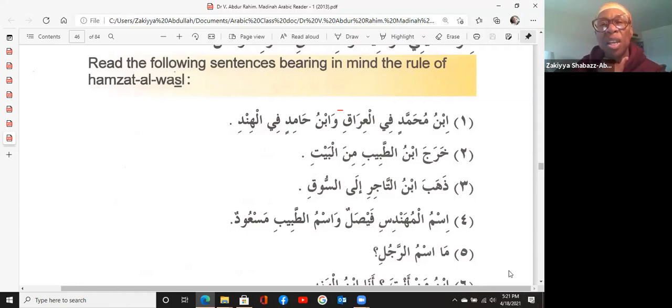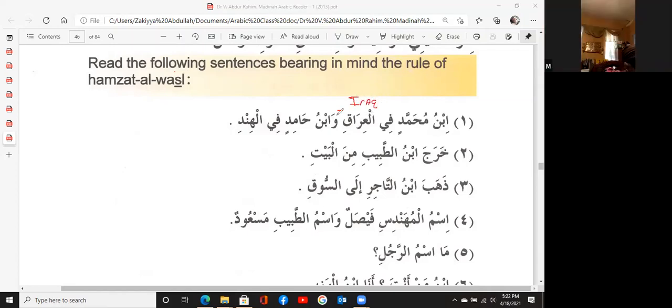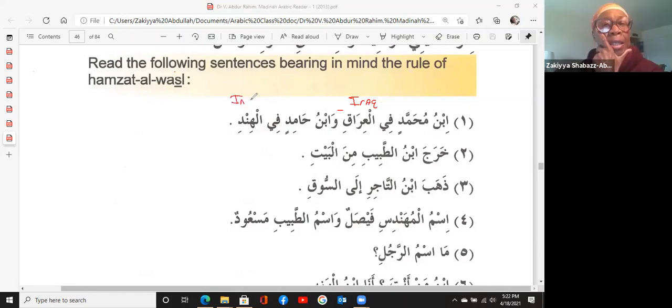Most of the words you have. Like here, Iraq. That's the name of a place, right? Hind is India. We had that in lesson number 4. Kharaja is a verb. He went out, to go out, right? Tabib you had, Baytu you had, Dhahaba means he went or to go. Tajir is a merchant, so y'all had that.